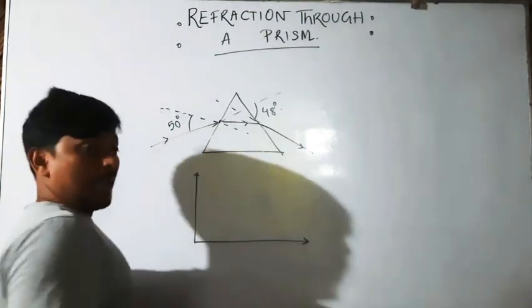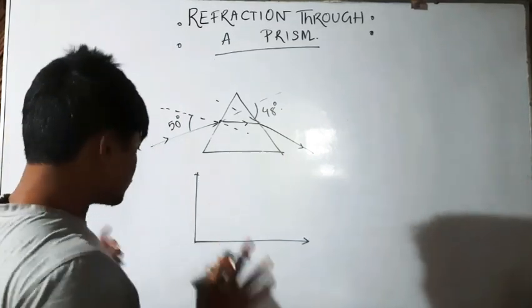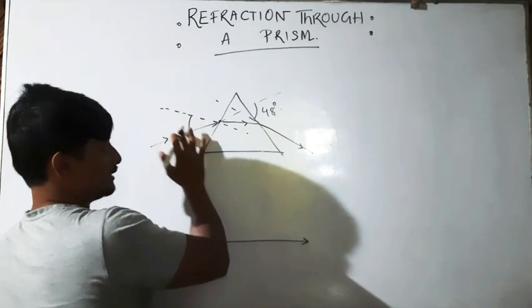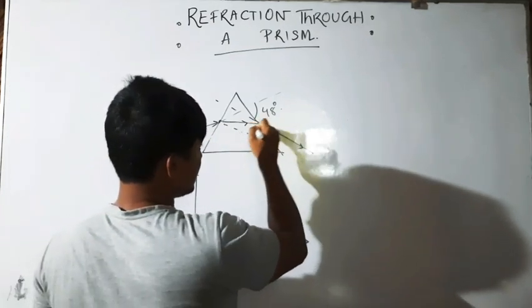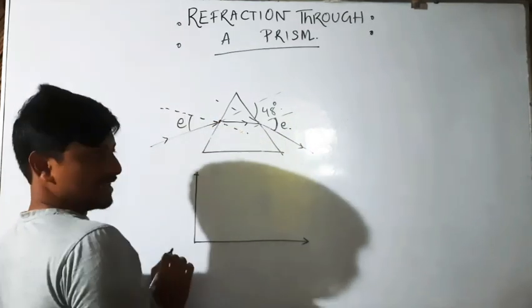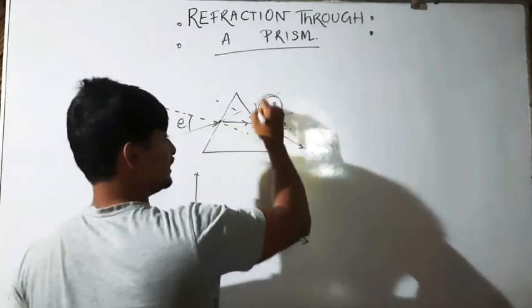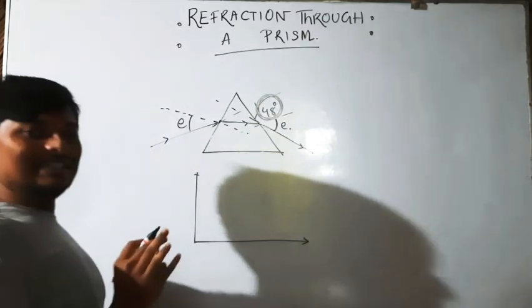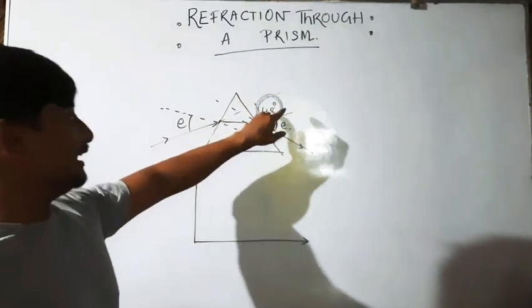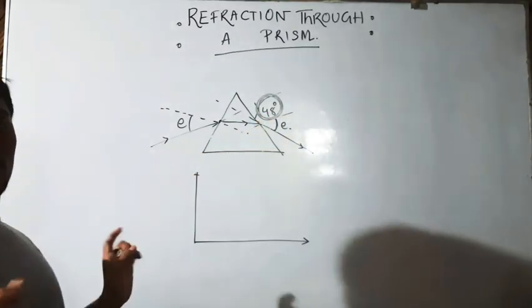Now the thing is, where does the angle of minimum deviation occur? It is seen that when the incident angle and the emergent angle are the same, then this particular deviation angle is the least. After this point, the incident angle and deviation angle become directly proportional.